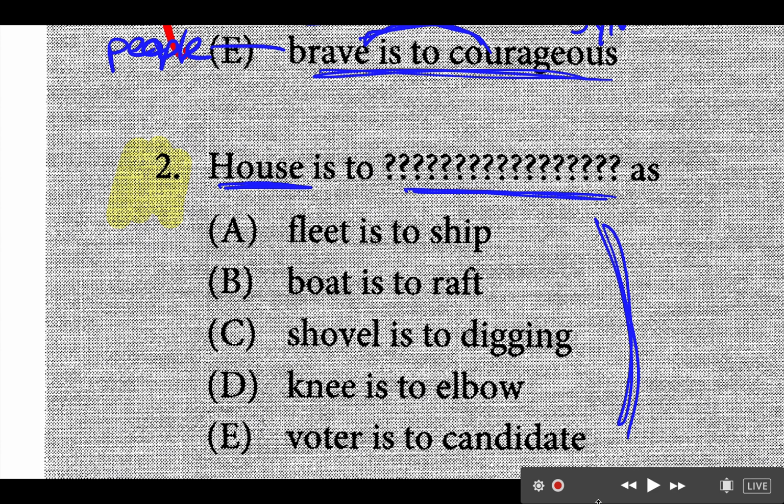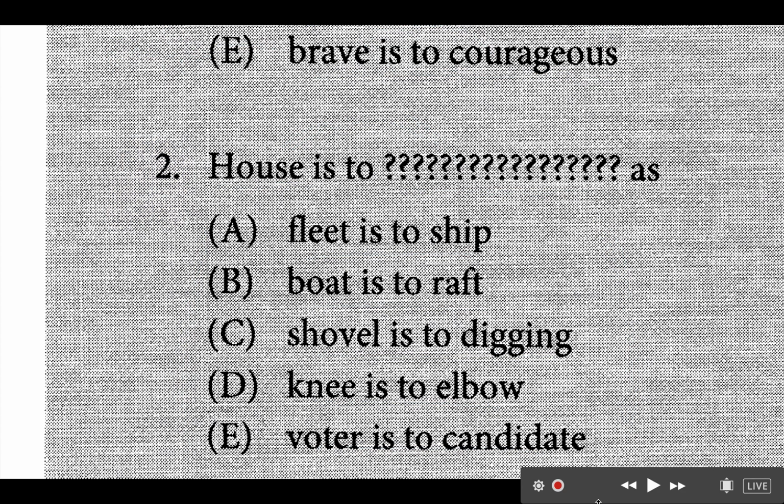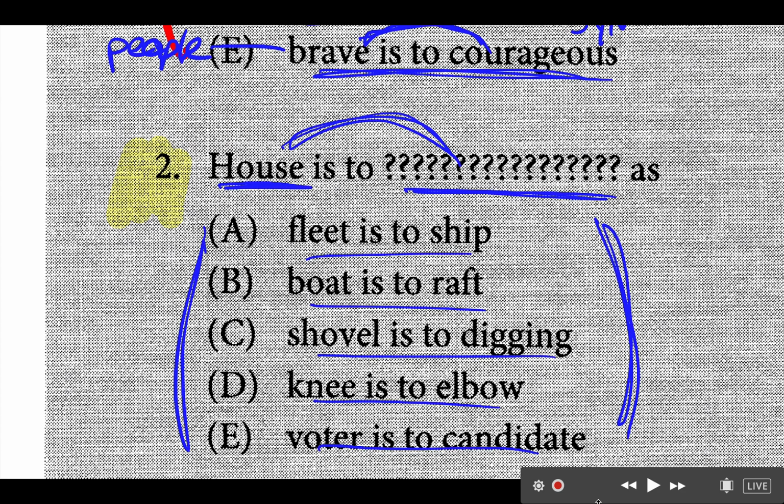So then we might think a little bit about what are the clearest, most essential relationships among these 5, and see if it's possible that it could fit with this scenario. Actually, one thing that you could possibly use to find some weaker choices is that house is singular, but fleet, boat, shovel, knee, and voter are all singular as well.